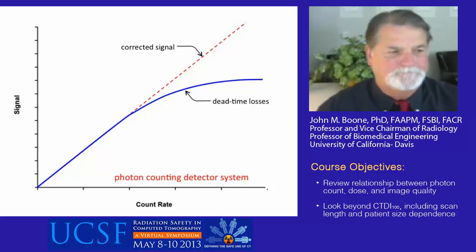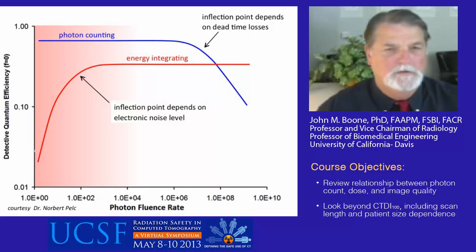And so this slide compares photon counting detectors with energy integrating detectors as a function of photon fluence rate. And we can see that the blue line, the photon counting detectors, work great at low fluence rate levels, but tend to become paralyzed at high rate levels, high flux levels, and that's where they become less usable.